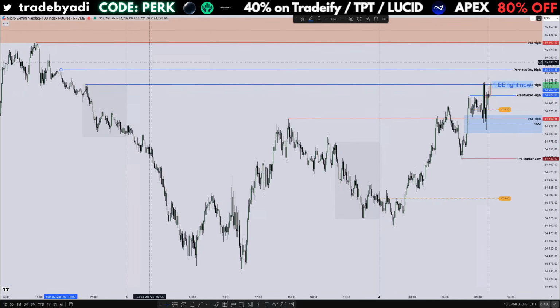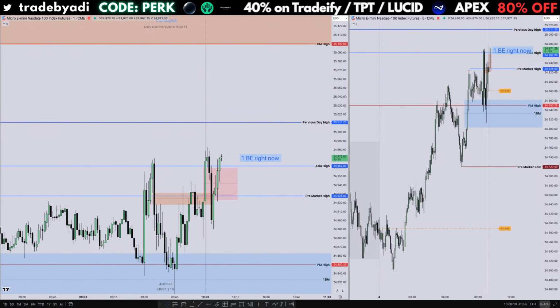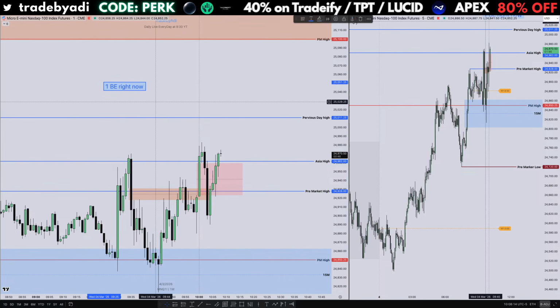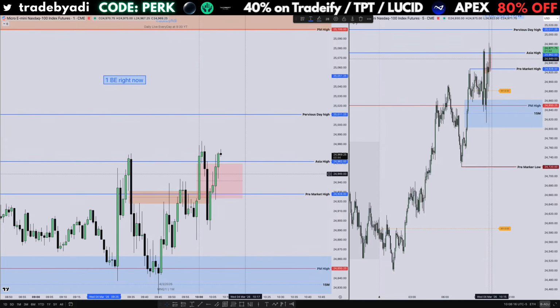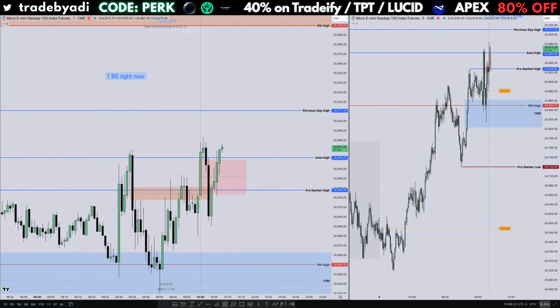It will be the previous day high, and once we break this previous day high, it is going to be the PM session high. Yeah, it will be a small scalp. Okay, it is not a bad idea because we have inverted this fair value gap also, and now we are getting bullish to the buy side liquidity.